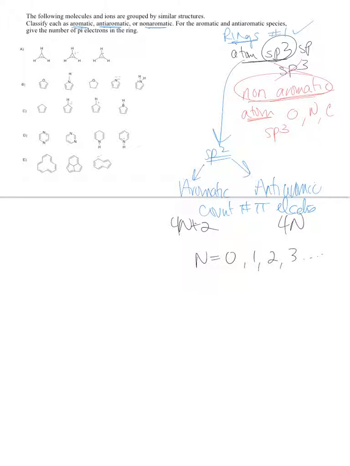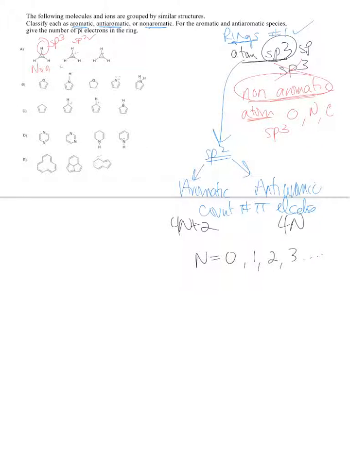The first one we have here, and you can see that this right here is an sp3. So that makes that one non. I'm just going to put N-O-N, non. Okay, here we have sp2, sp2, sp2. So they're all sp2. And now we count the number of pi electrons.